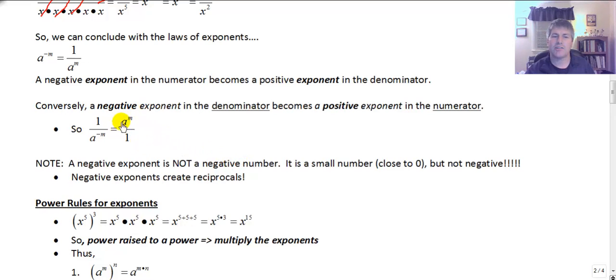None of these fractions became negative because of the negative exponent. Now, a negative exponent is a small number or something close to 0, but it certainly is not negative. It's not an opposite. So keep in mind, if we get negative exponents, they create reciprocals. They flip our fraction. That's all they do.